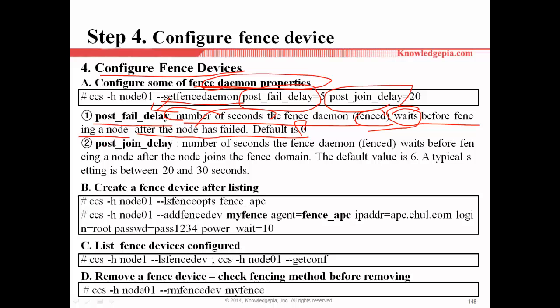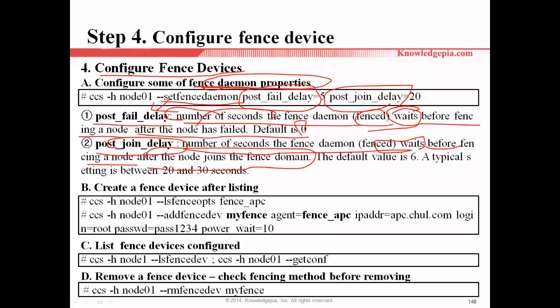Default is 0. Post join delay, the number of seconds the fence daemon will wait before fencing a node. It's the same as post fail, but after a node joins the fence domain.